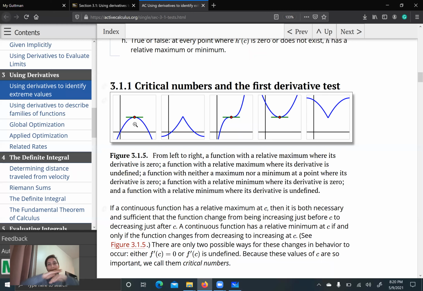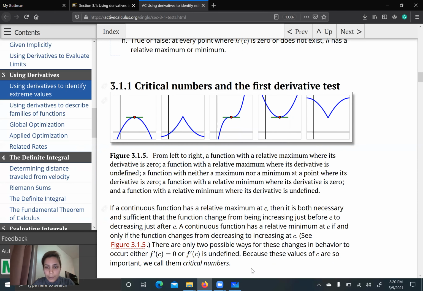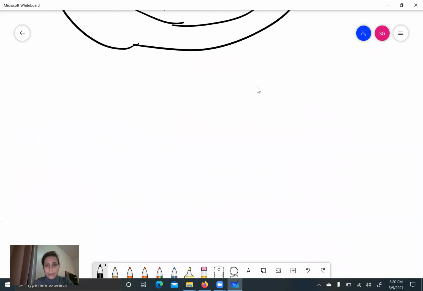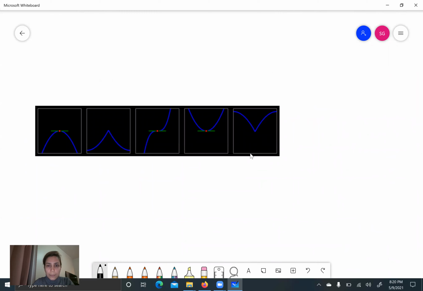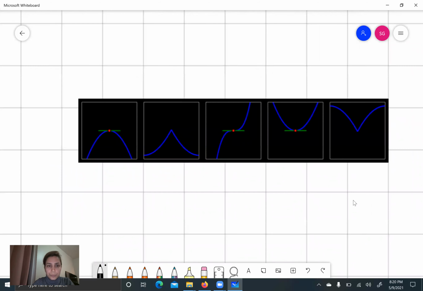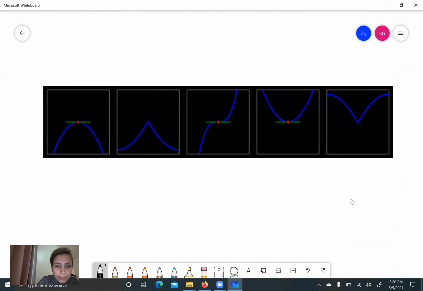I'd like to write on this. Let me copy this and see if I can paste it here. Yeah, I think I might be able to write on this. Okay. So this one, the first one.